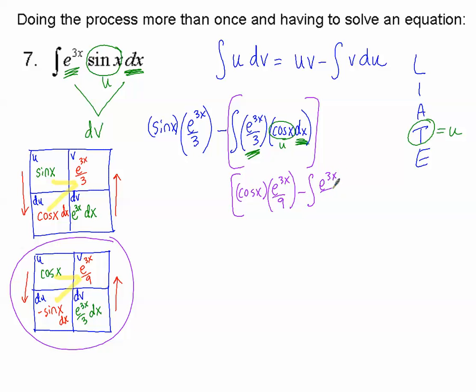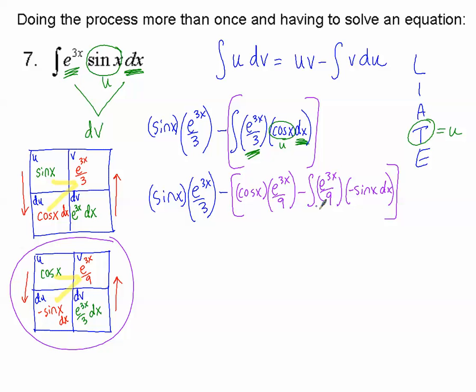E to the 3x over 9 times negative sine x dx. Let's write everything else that was around it. The negative in the front, the sine of x times e to the 3x over 3 before that.